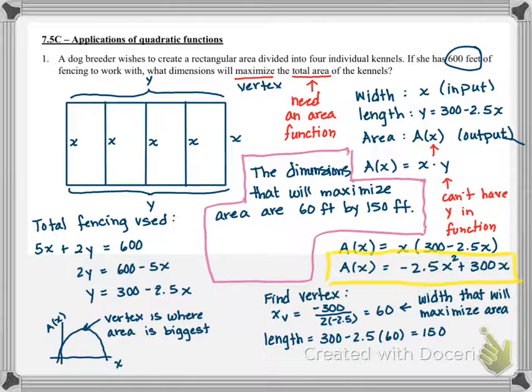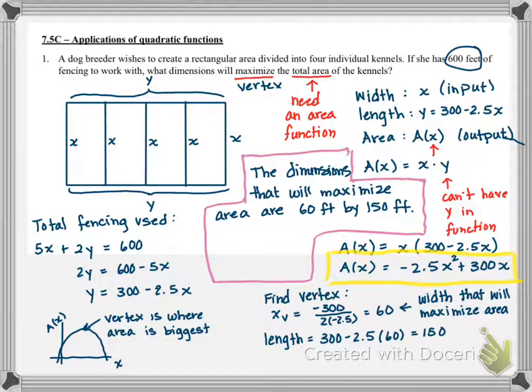Any questions on this one? So as far as knowing what I was supposed to do at any given point of this, remember the first thing we did was ask ourselves what we were trying to maximize, right? And that told me I needed an area function because I was trying to maximize area.